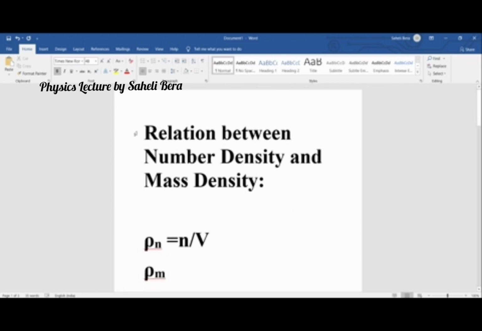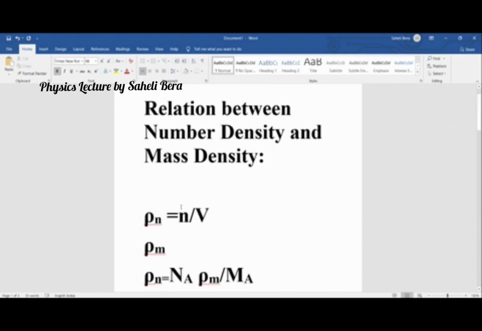So first you can see the relation between number density and mass density. For density, I have taken the notation rho, which looks like this. So rho stands for density.